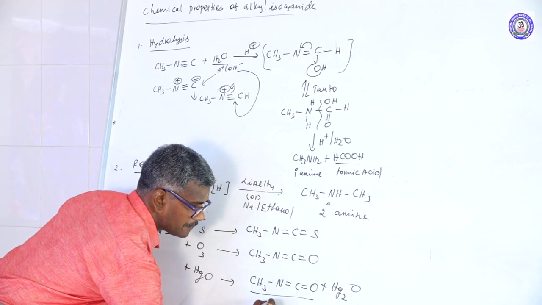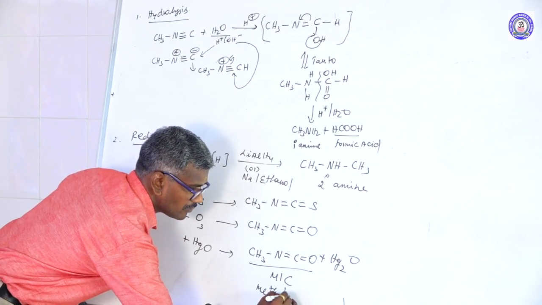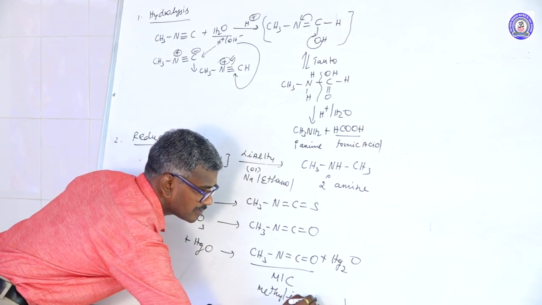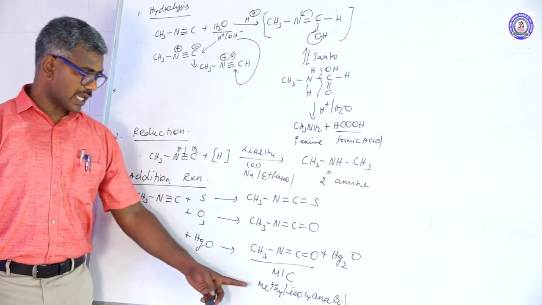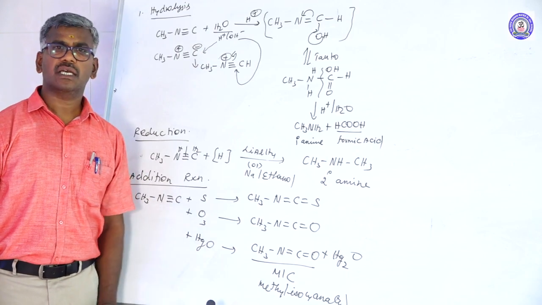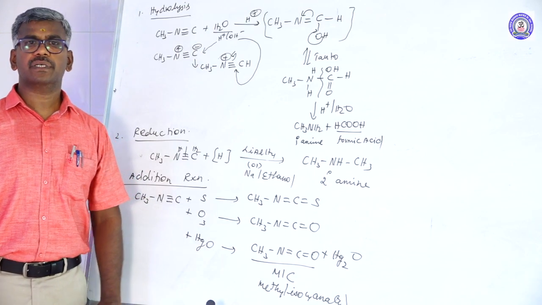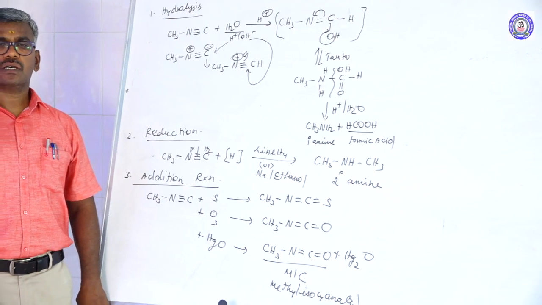The isocyanate is named methyl isocyanate. Methyl isocyanate was responsible for the Bhopal tragedy on December 2, 1984. These are the chemical properties of alkyl isocyanide.